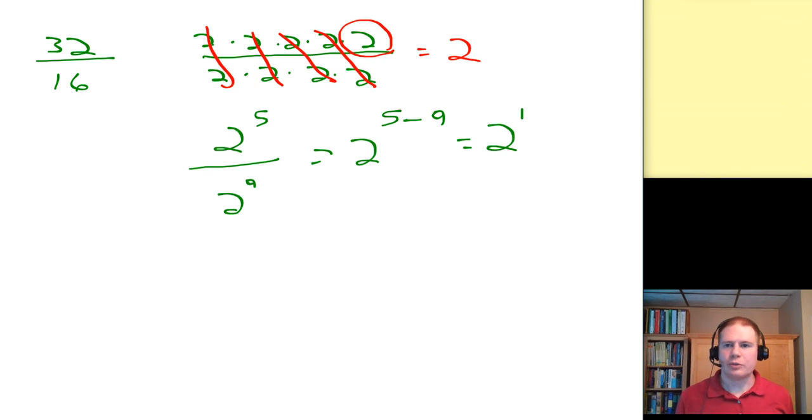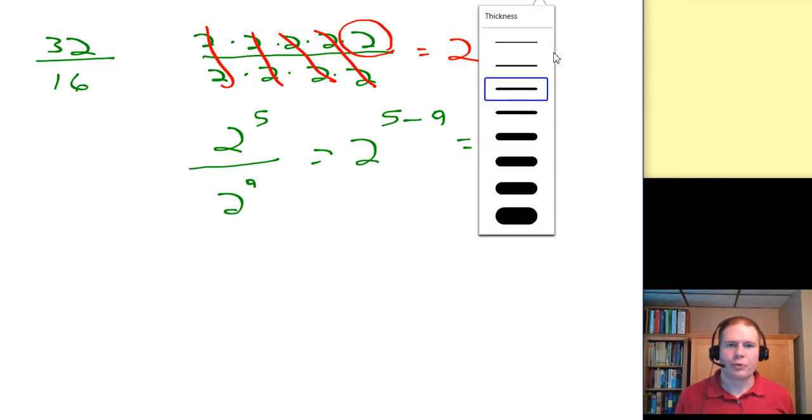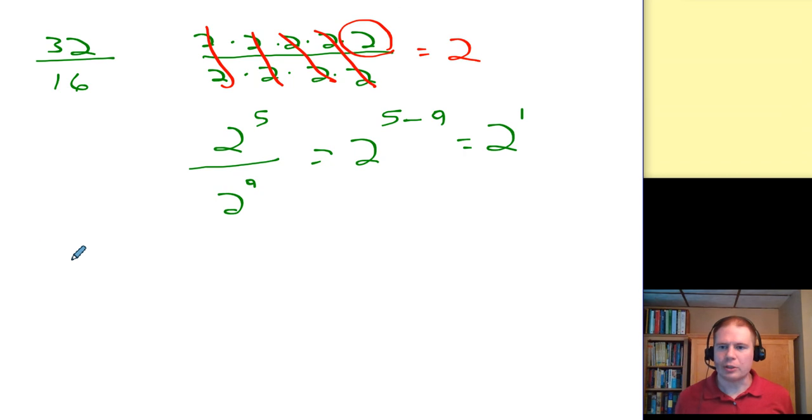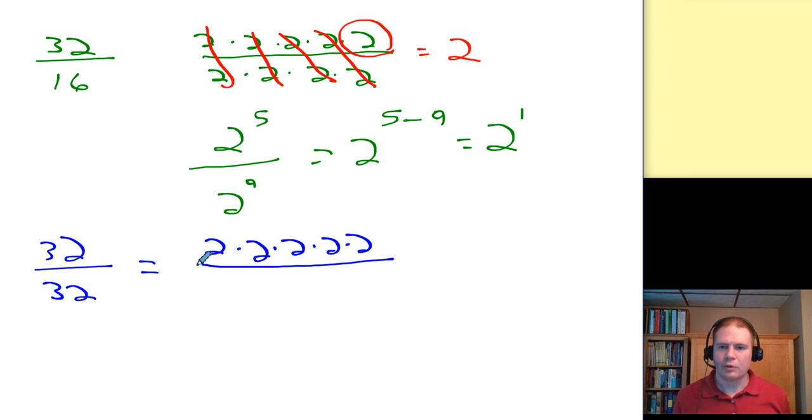Well, let's move on to the one we're most interested in here. What if I have 32 divided by 32? Right? We already know anything divided by itself is 1. So 32 over 32, there, 1, 2, 3, 4, 5, 32, 2 to the 5th power.